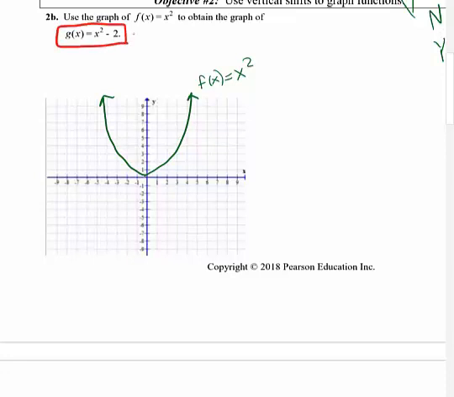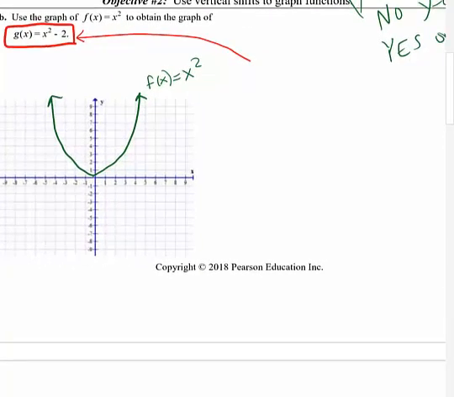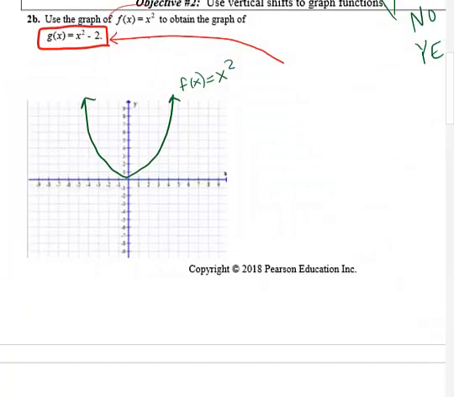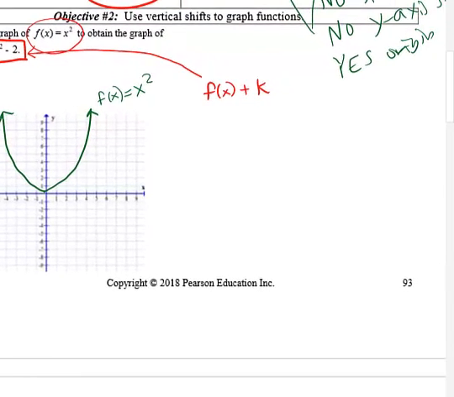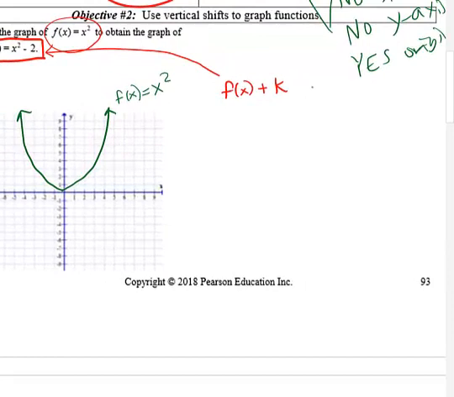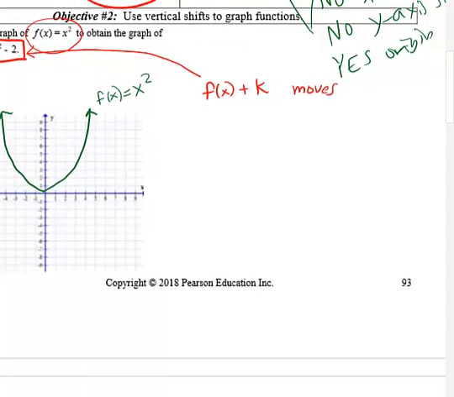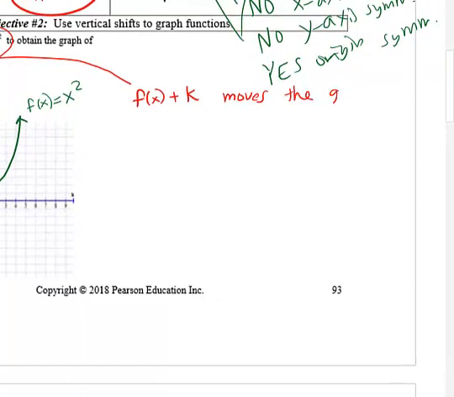We've actually seen this in, what was it? I can't remember if it was the last section or the section before. But what we've come to realize is that if you take one of the basic functions, like x squared, for example, and you add or subtract something at the end, that moves the graph up or down. So if I were to take a function and add something at the end, k, I'm just trying to keep it general, but it's supposed to be a number, that moves the graph up k units.